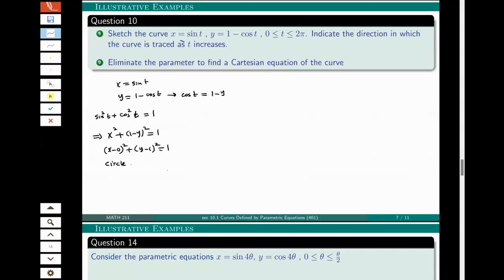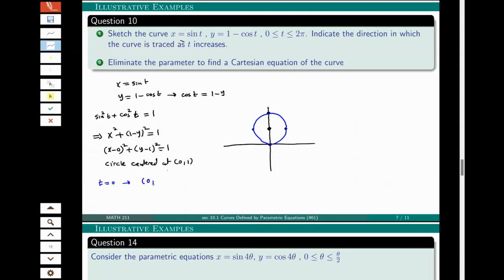This is a circle centered at 0 and 1. So when we draw the circle centered at 0 and 1, we go 1 unit in each direction. So our graph will be the same circle. And the direction, to know direction, we should start when t equals 0.